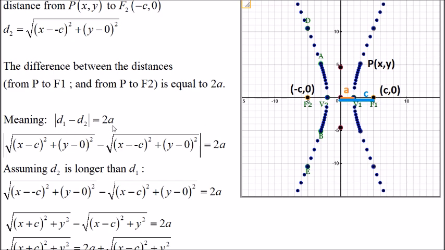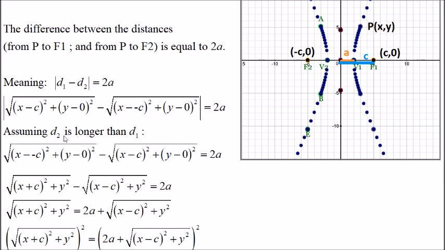But if we take the absolute value, it's going to be 2a, positive. So assuming that d2 is longer than d1, this quantity is larger than this quantity, and if we take this quantity minus this quantity, it equals 2a. The difference is positive since the length of this segment is longer than the length of this segment. So we can just drop the absolute value.